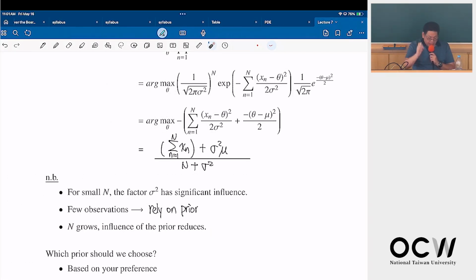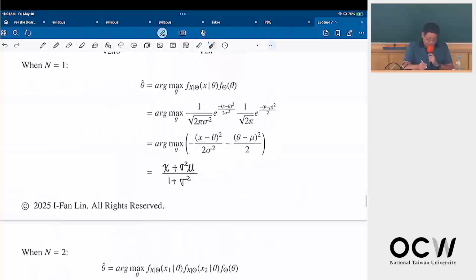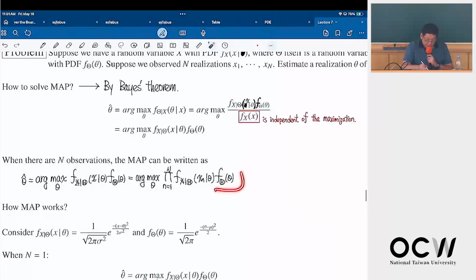Then the next question is: what kind of prior should we choose? Here we just say that we have a prior called f of theta, with some distribution. Which distribution should I choose?